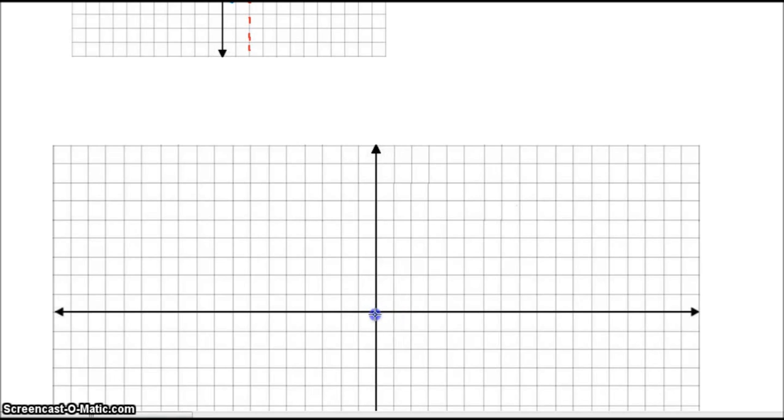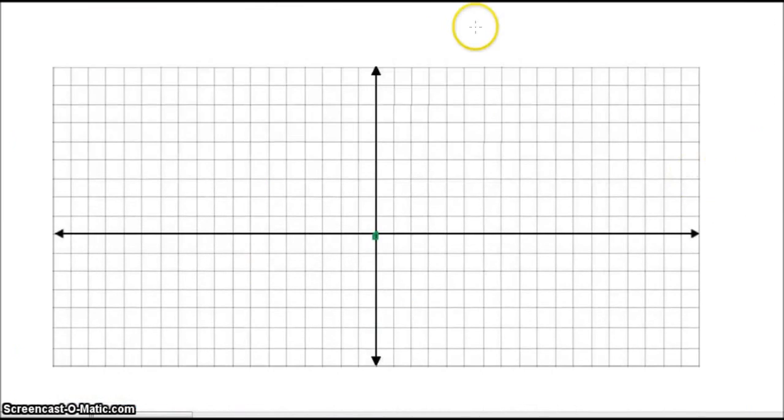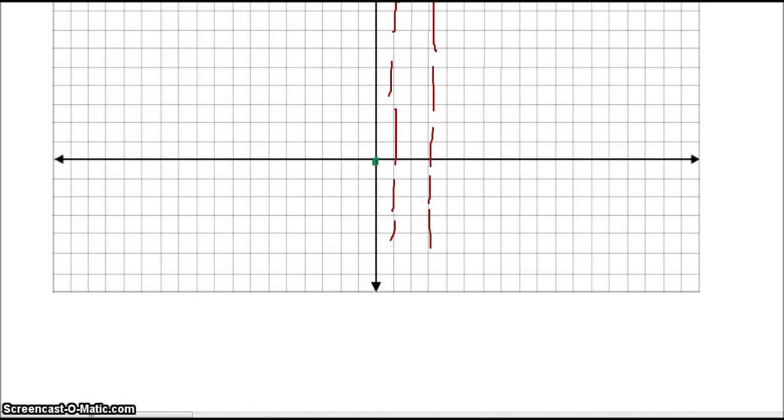Here's the origin, and we know that our function's going to cross the origin. We also have vertical asymptotes at 1 and 3. We have a horizontal asymptote at y equals 3.